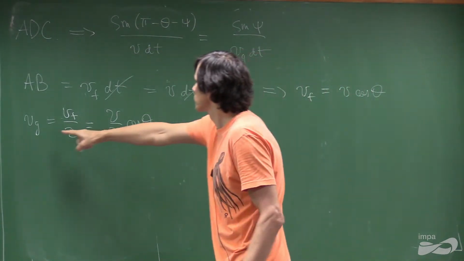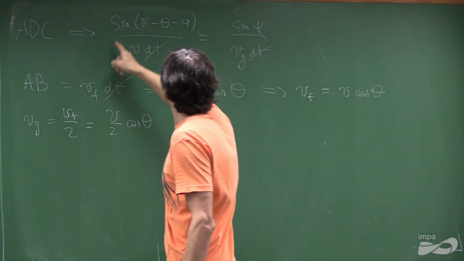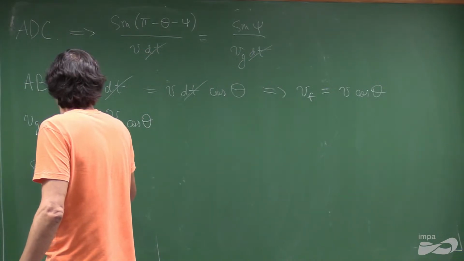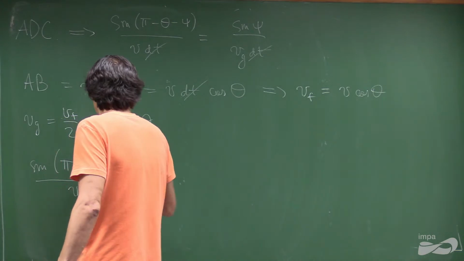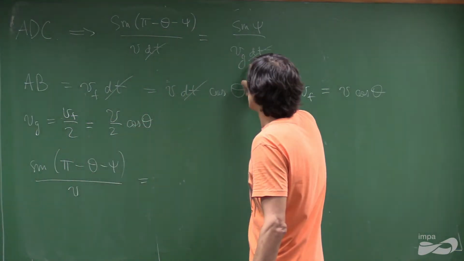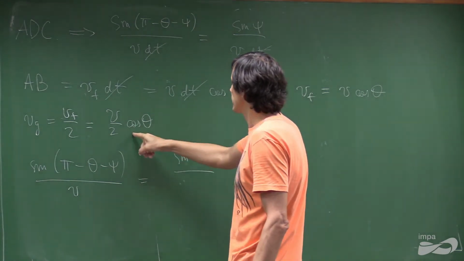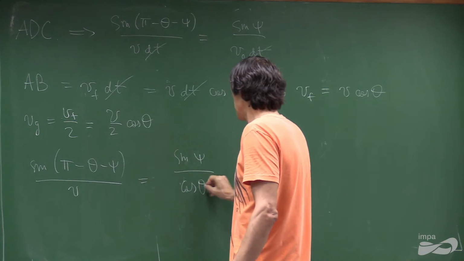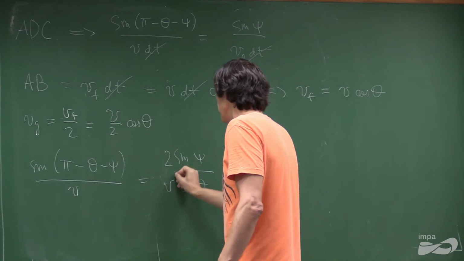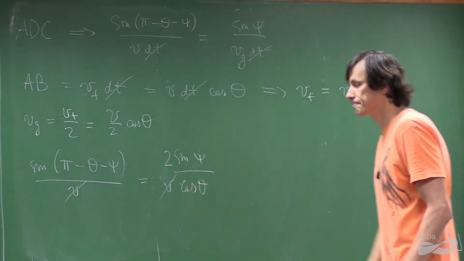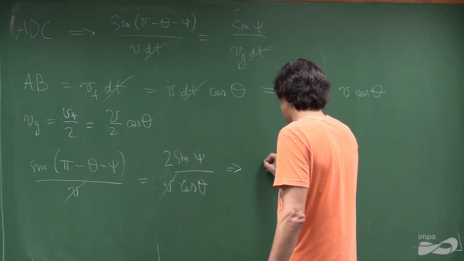So you substitute this to here, and you get that sine of pi minus theta minus psi divided by V equals sine psi divided by cosine theta, with 2 on the top, and then there is V. V cancels. So we only have a relation between angles.